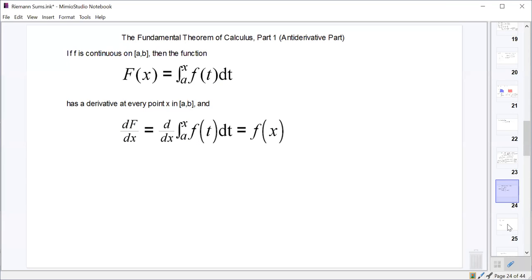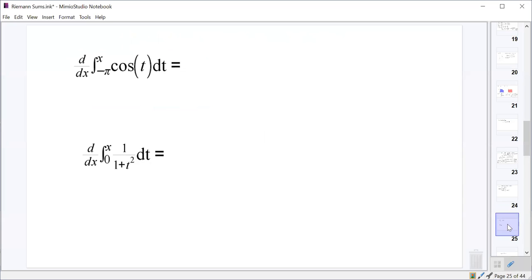I hope. Should seem familiar. So these start out very easy. If I want to know what's the derivative of the integral from a constant, negative pi, to x of a function, it should just be a function in terms of that variable.